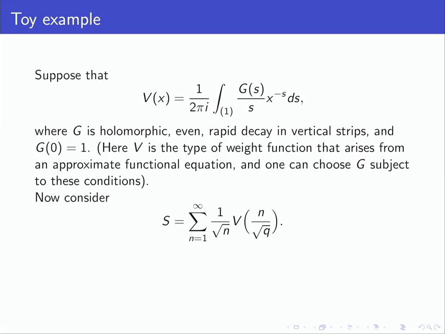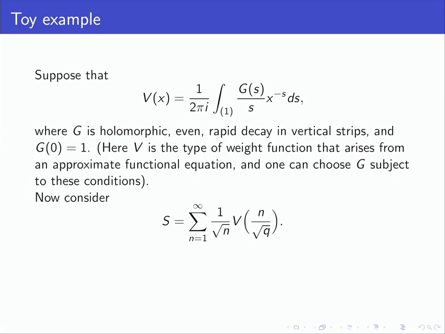So let's say we have a weight function v of x, which is given by a Mellin integral, where this g function, this capital G, is holomorphic. It's even, rapid decay, and g of 0 equals 1. And so if you're used to using the approximate functional equation, then you're used to being able to make a choice like this. You always have this choice of this function g inside the approximate functional equation.